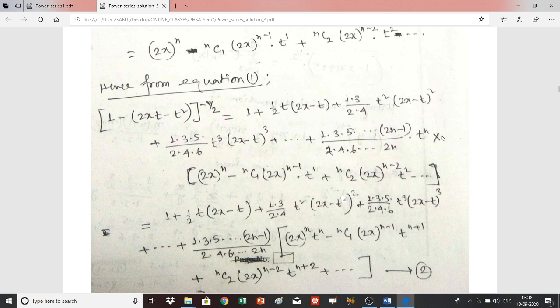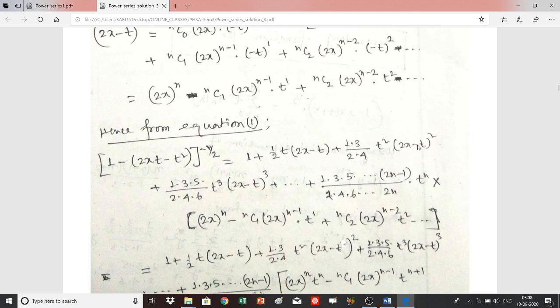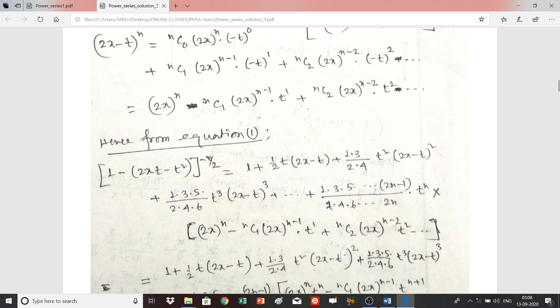Now, into the binomial expansion of 2x minus t to the power n as we obtained here. So I have written here 2x to the power n, just the value of this 2x minus t to the power n.